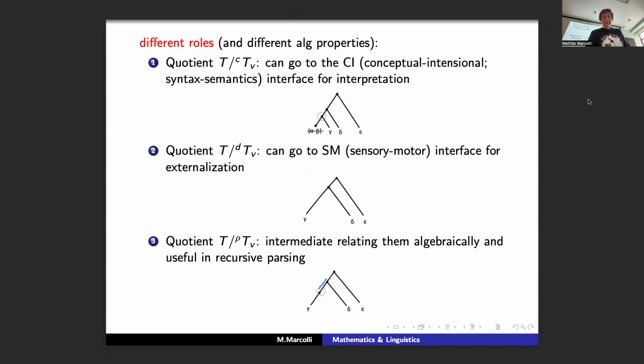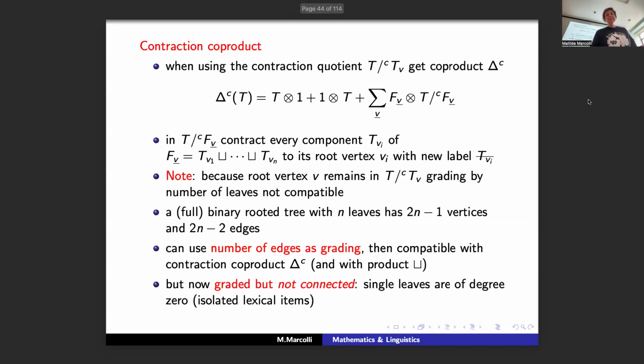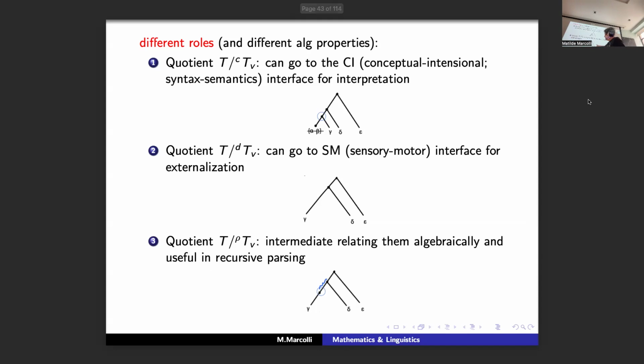And so, as I was explaining last time, if you take these different ways of defining what is left from the extraction of an accessible term, these have slightly different algebraic structures of the coproduct. And I mentioned the fact that for this intermediate stage, you get something which is a comodule over a Hopf algebra of trees, where the trees are allowed to have non-branching vertices in addition to binary vertices.